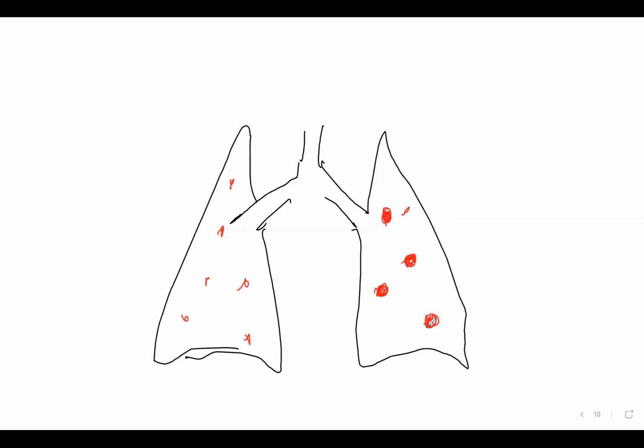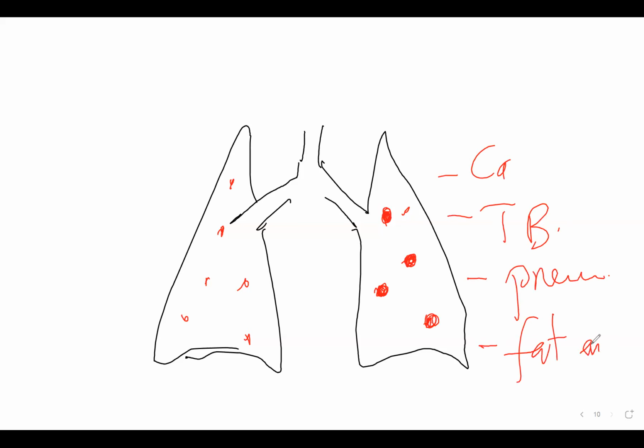Okay, you can see widespread opacities in cancers, carcinomas, tuberculosis. You can see them in pneumonia. Okay, don't forget fat embolism, and even in pulmonary edema. These are some common conditions where you see widespread opacities.